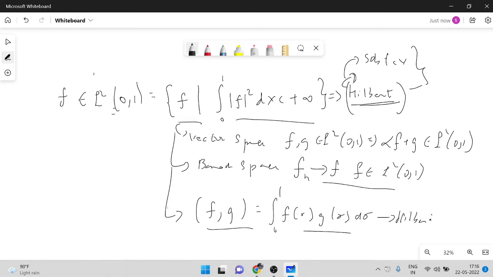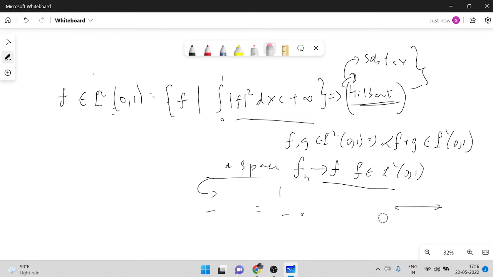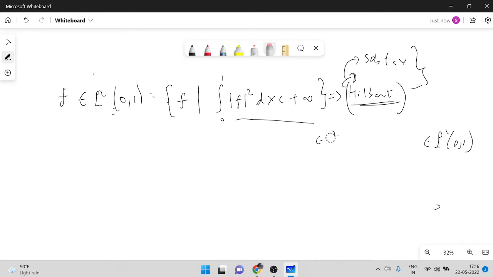So a Hilbert space is a vector space which is a Banach space, and if there is a notion of inner product, then it is called a Hilbert space. This is a hand-waving way of understanding things. For us, the main thing is to understand these spaces and to apply our optimization algorithms later.